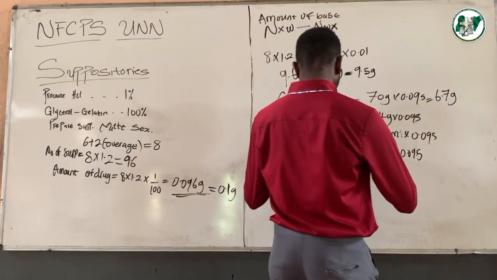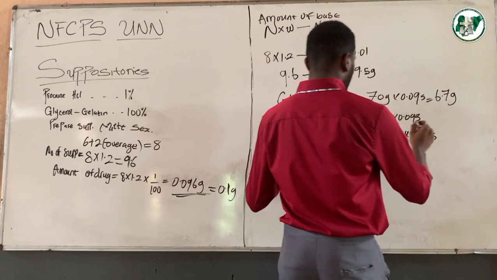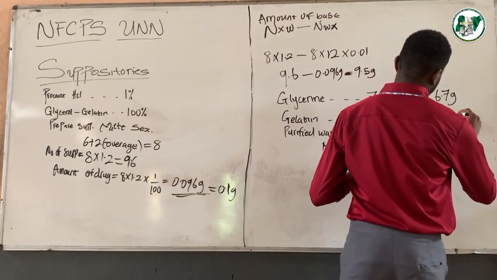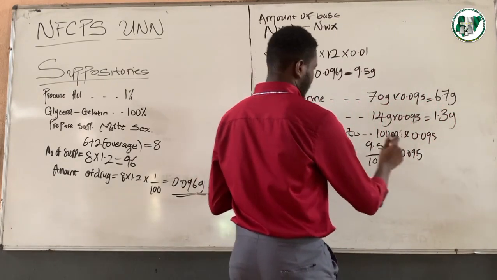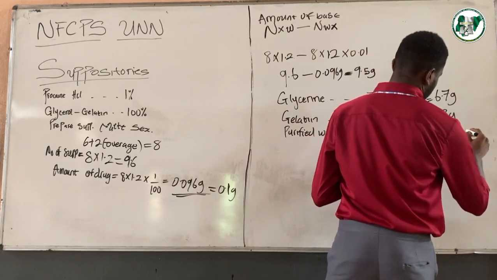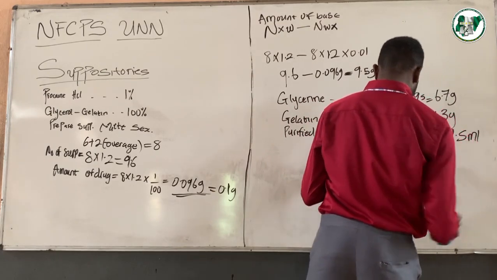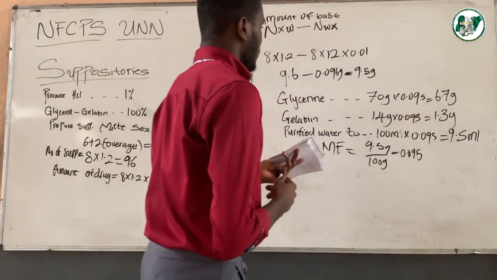Then for gelatin here is going to be 1.3 gram. Then for purified water here, naturally 9.5 ml, right? And these are the working formula, right?